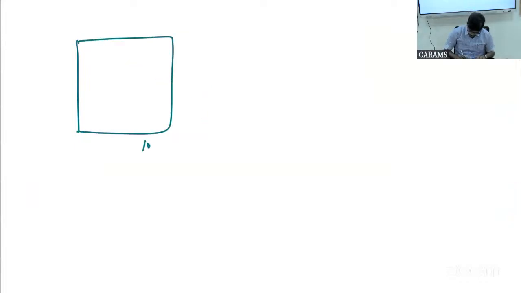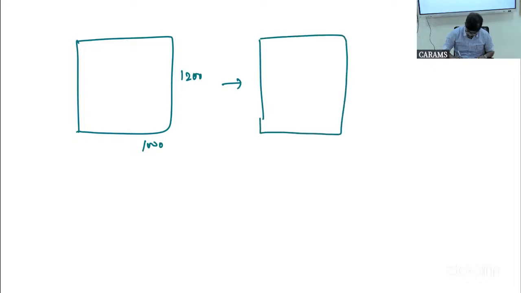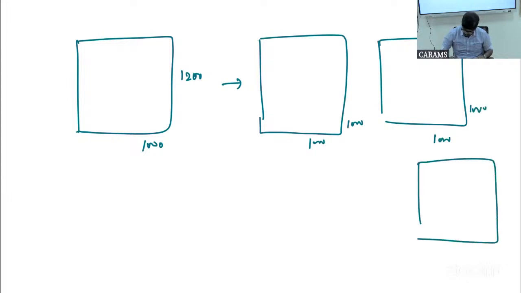Now I know this is actually of size, let's say, 1000 by 1200. Now what I did is I split this matrix into something of size 1000 by 1000, then 1000 by 1000 again, and then 1000 by 1200 again, correct? So this is my U, this is my sigma, and this is my V. Agreed? So this is your SVD.